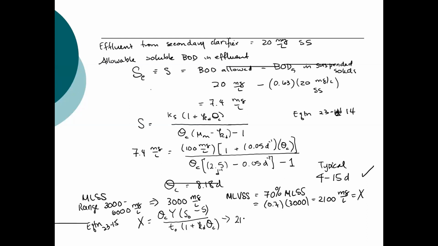So that is 2,100 equal to 8.18 days. Y was given, it's 0.6 milligrams of VSS per milligram of BOD, times 84, which we said was the influent suspended BOD, minus our effluent concentration, divided by tau, which is what we're looking for, plus KD, 0.05 inverse days, times my mean cell residence time.